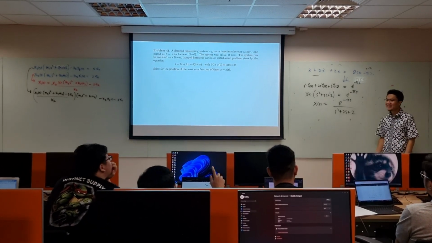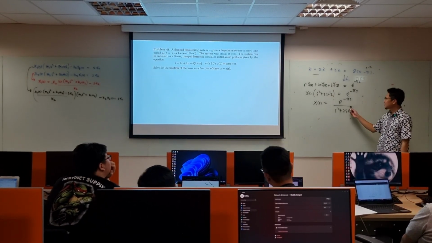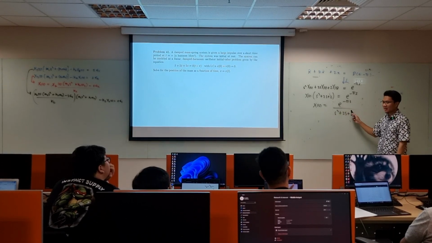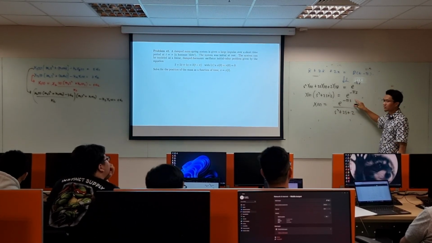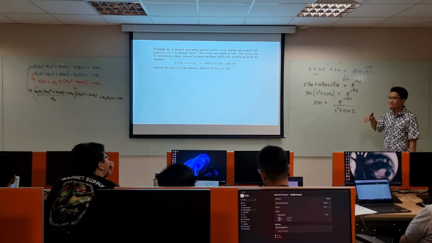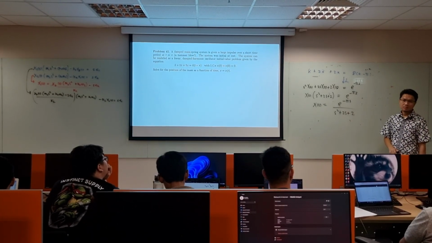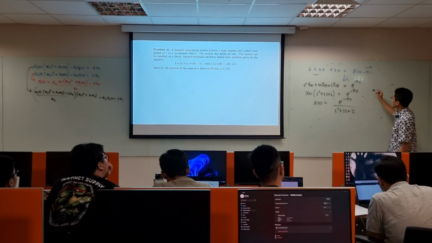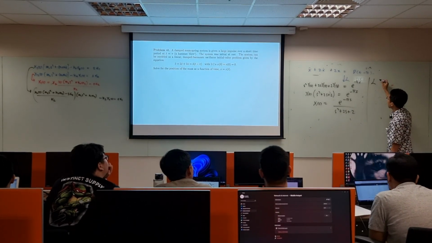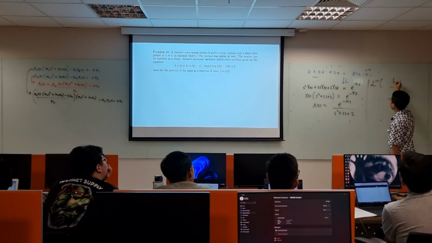So we need to take the Laplace inverse of the F(t) part first. This one first, and then that one later. So what about this? You have to find the Laplace inverse first.